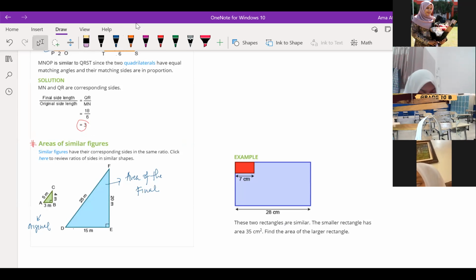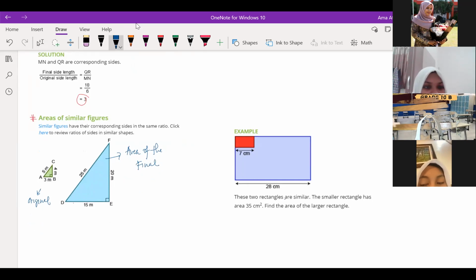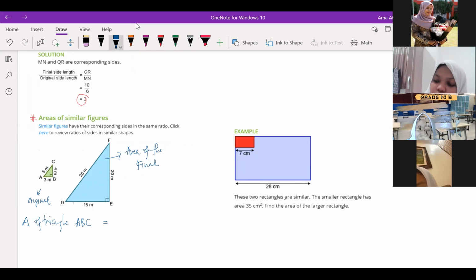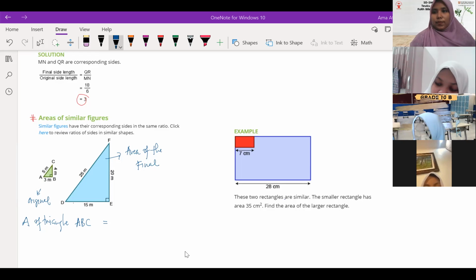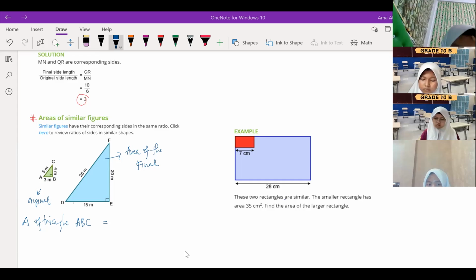Let me firstly ask, what is the area of the triangle ABC? I will ask Zaskia. Zaskia, can you find the area of triangle ABC?